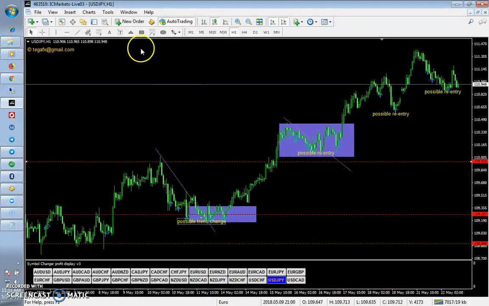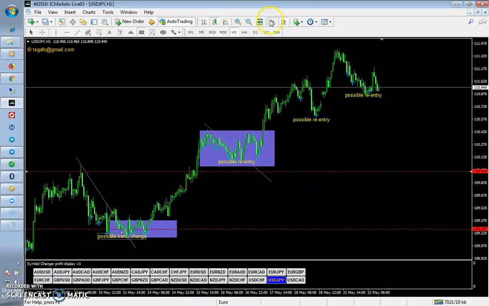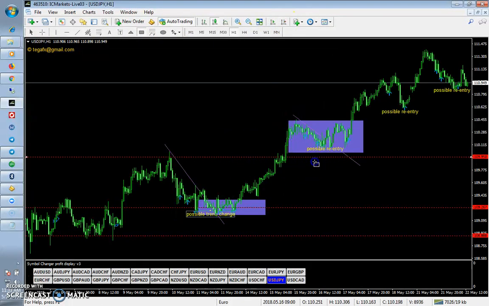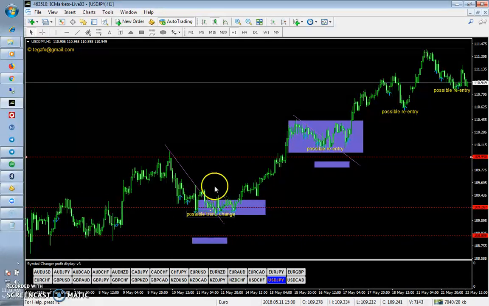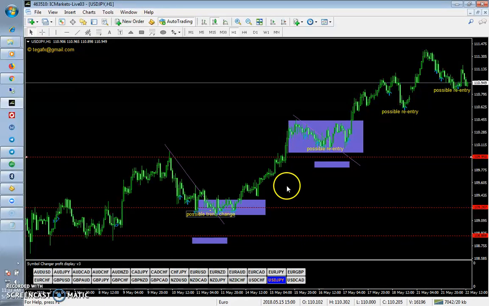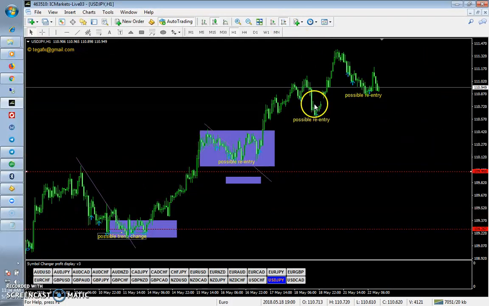So my stop loss should be here. Why? For the possible trend change, my stop loss should be here or here, better. By the knowledge of support and resistance, I know exactly that this place is going to hold for a possible trend change. This place is going to hold for a possible re-entry. You can see, this is another place for re-entry.